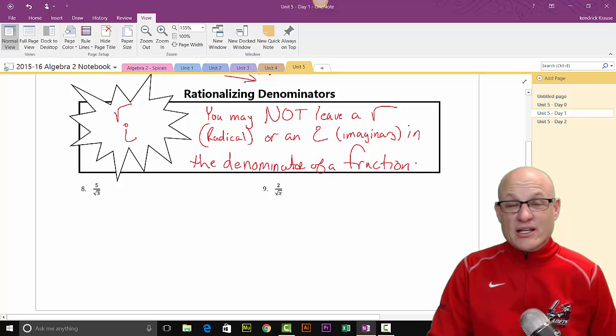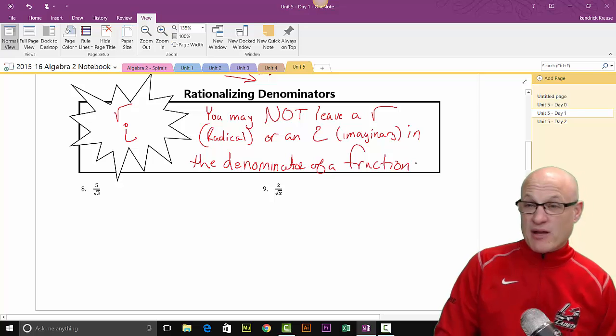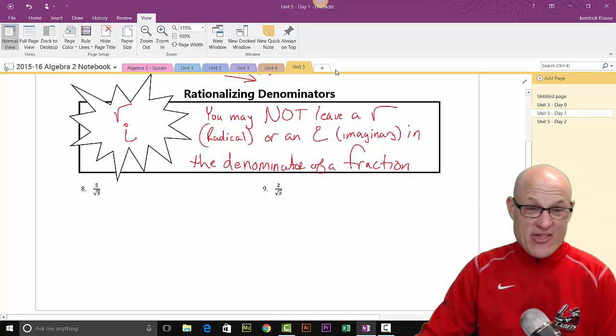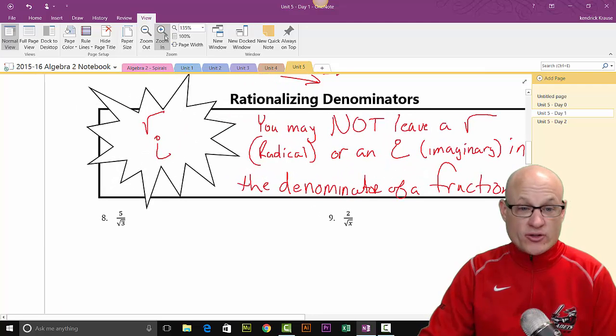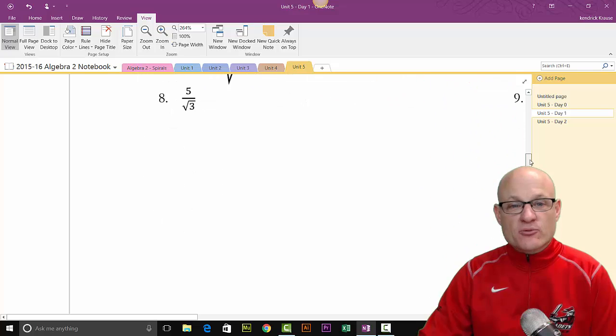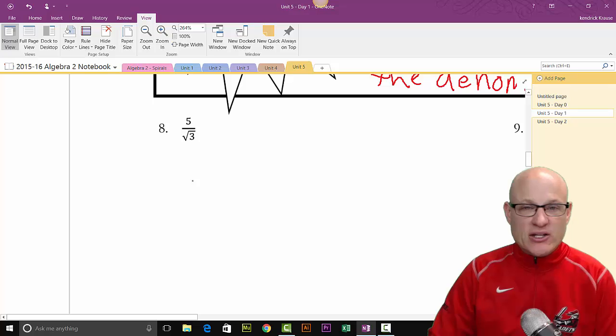You also shouldn't leave negatives in the denominator of a fraction either. So I will be picky about that as well, because that is not good. I just like saying that. That is awesome. So we're going to look at this first one here. The problem with this first one is we have a radical in the denominator. So let's take a little trip.